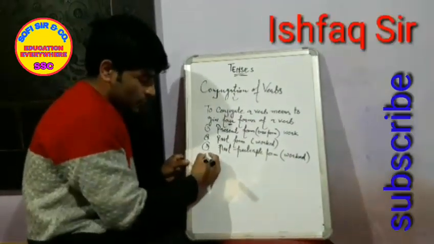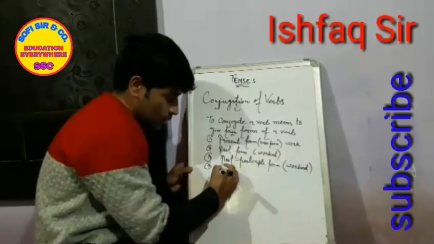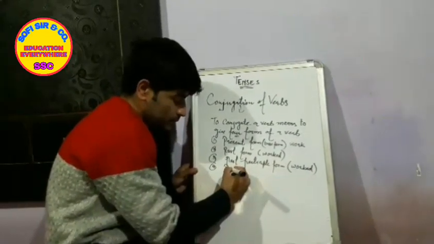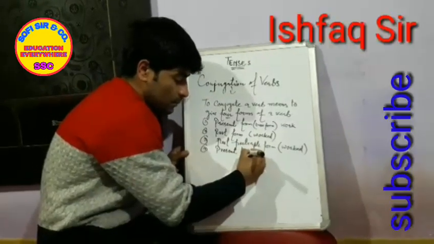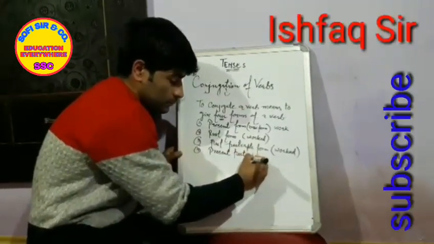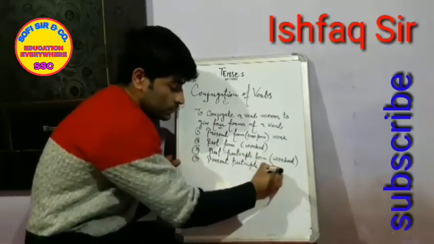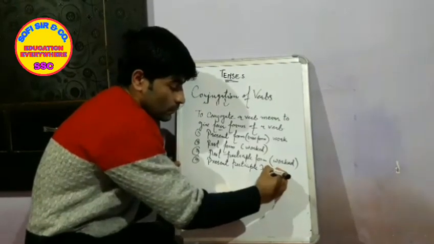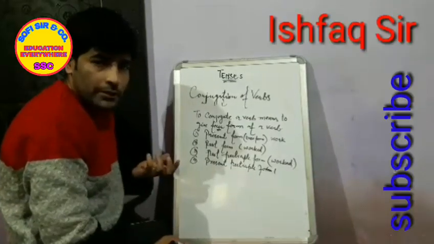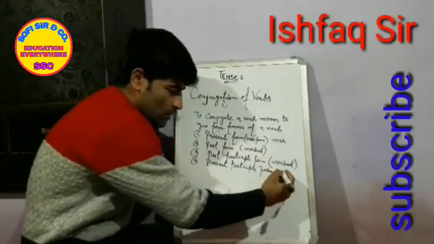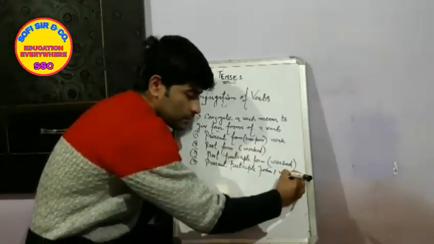And the last form, the fourth form, is known as the present participle form. It's also known as the ing form, continuous form, or progressive form: working.